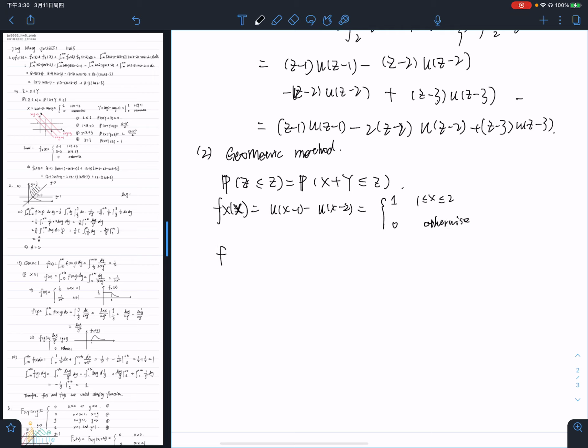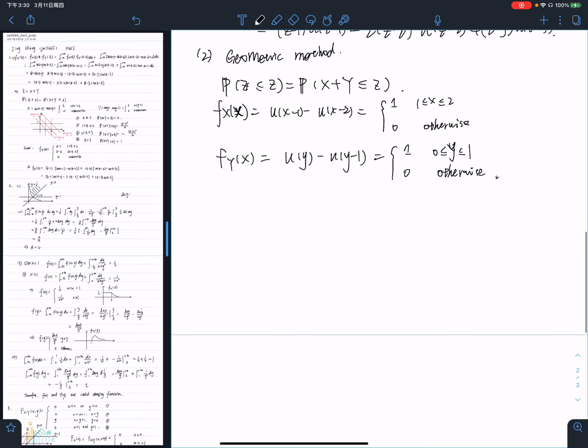Similarly, the density function for y is u(y) minus u(y minus 1). It is 1 if y is larger than 0 and smaller than 1, and 0 otherwise. Then we draw the sketch for that. Here is 1, 2, here is 1.